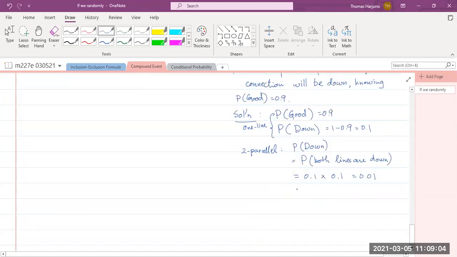Now then the probability that it is connected will be 1 minus the probability that both are down. That's 1 minus 0.01, that's 0.99.